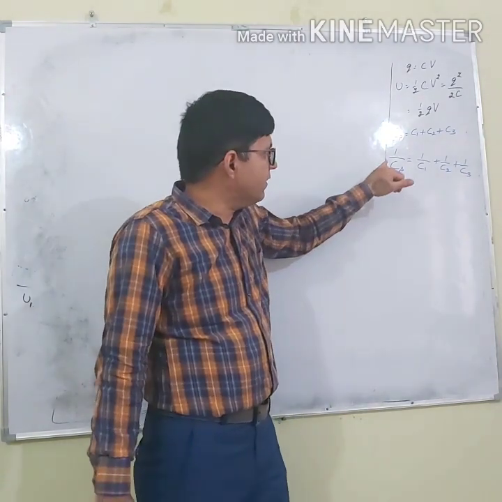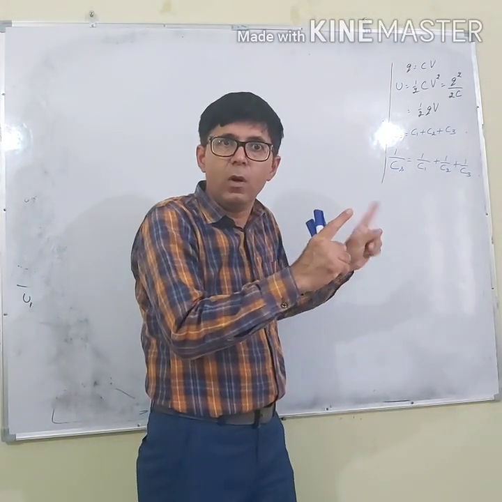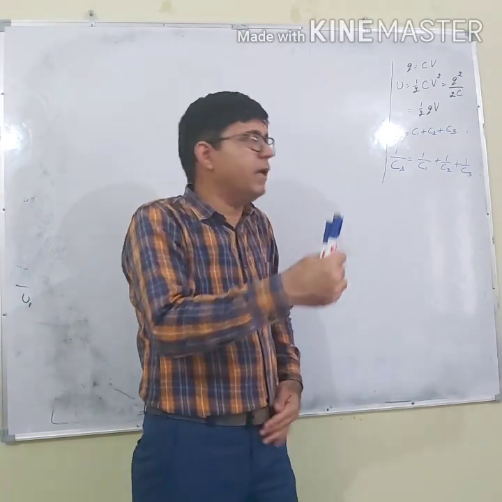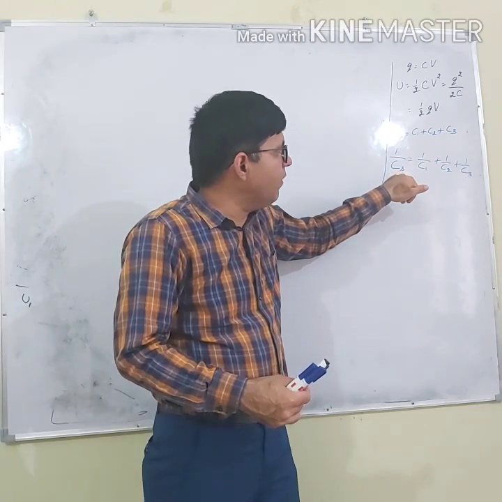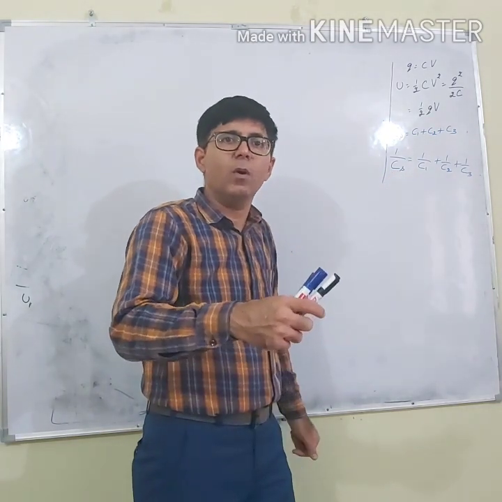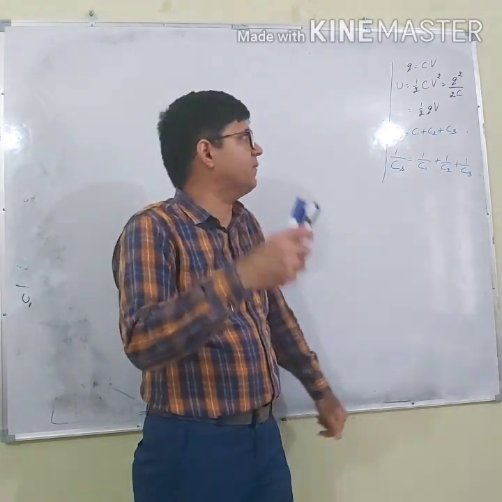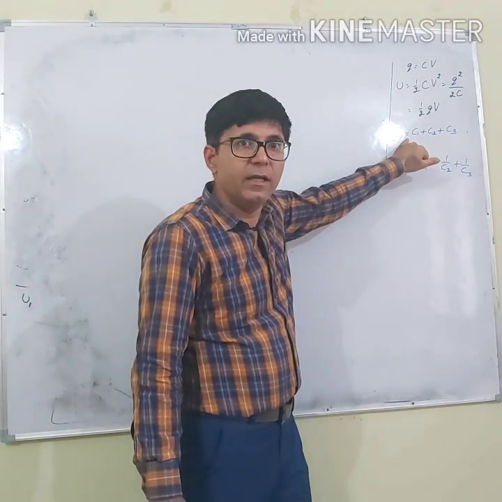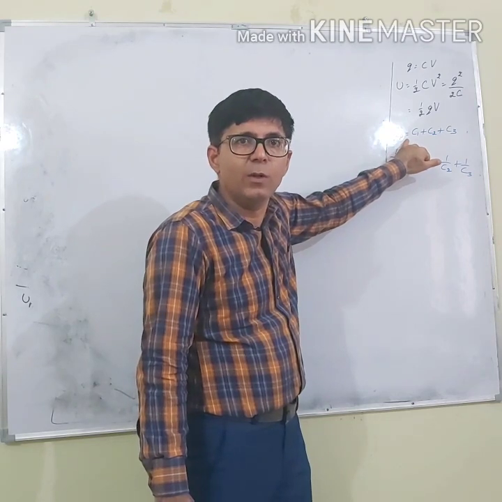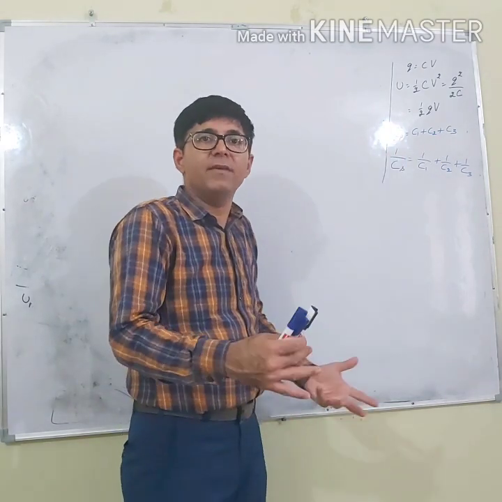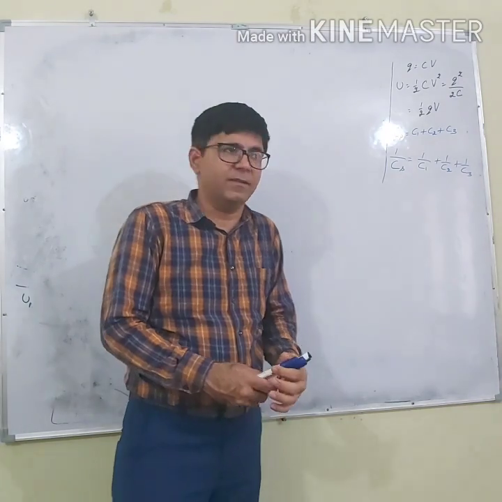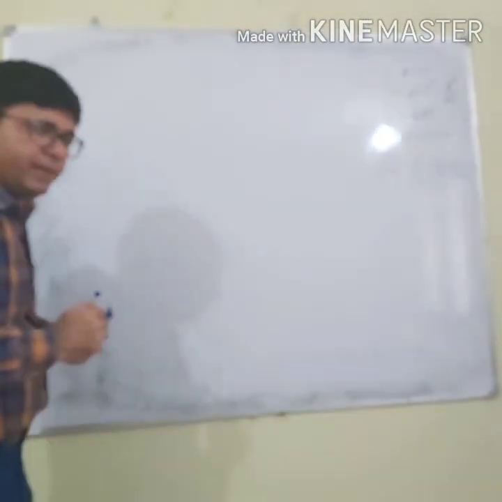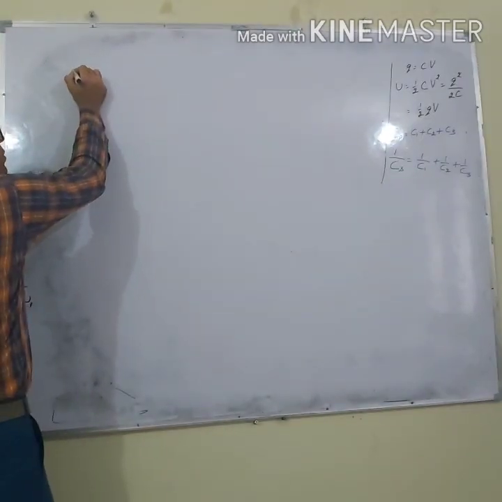But in this case, for series, the reciprocal of the equivalent capacitance is equal to the sum of the reciprocals of the individual capacitances. And in case of parallel, the equivalent capacitance is equal to the sum of the individual capacitances of the capacitors. Now let's utilize these concepts in doing the next question. Let's move to question 3.